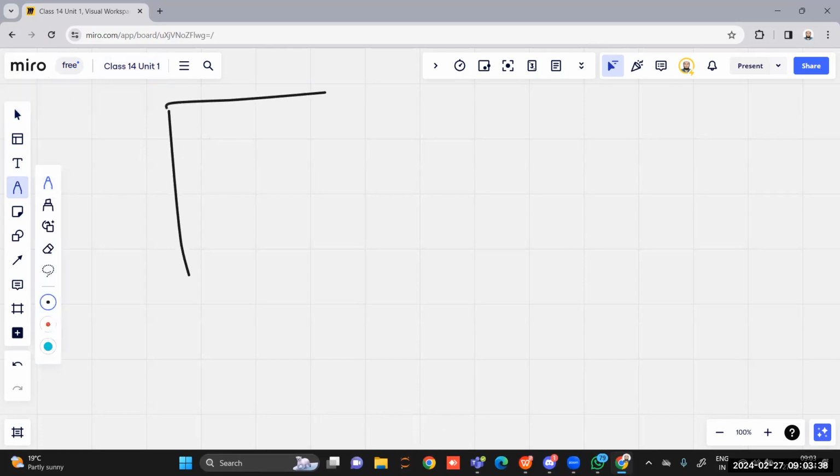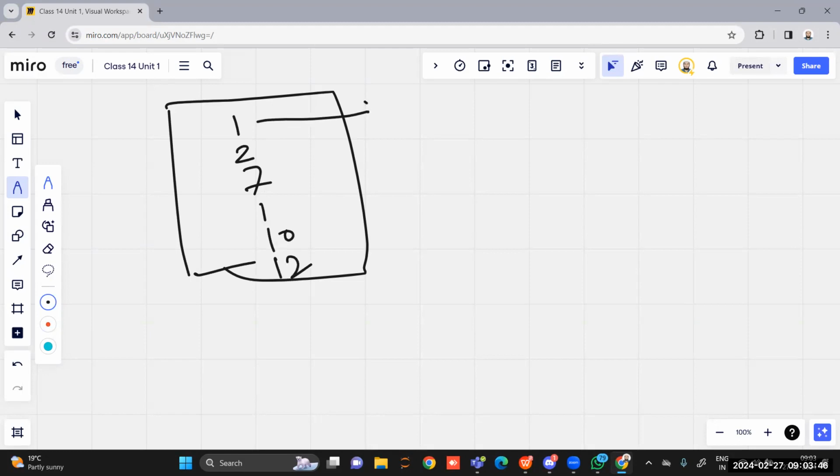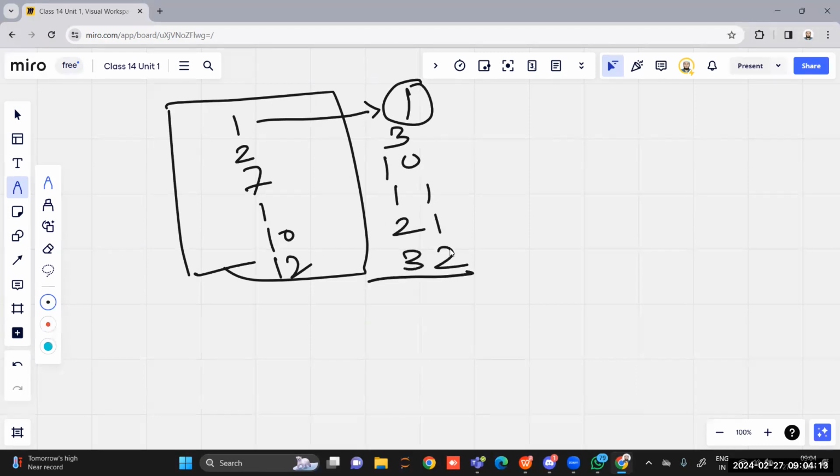For data, we know if there is a table where there are entries 1, 2, 7, 1, 10, 12. So what do we do in cumulative frequency when we are calculating it from upside? We generally write the first entry as it is, that's 1. Then we go on adding, 1 plus 2, we only need to write the addition, 3. Then 3 plus 7 is 10, 10 plus 1 is 11, 11 plus 10 is 21, and 21 plus 12 is 32. So this is our cumulative frequency, CF, which is called.